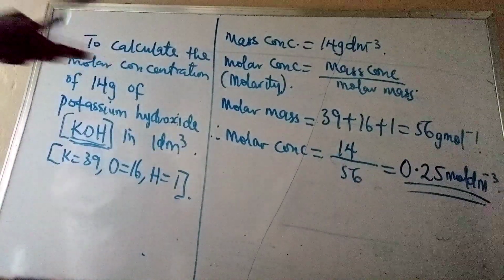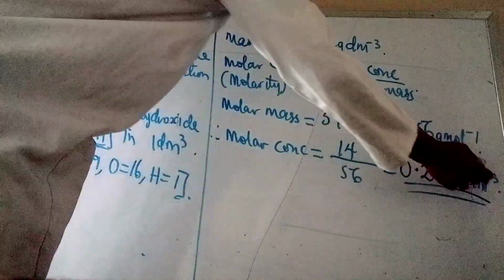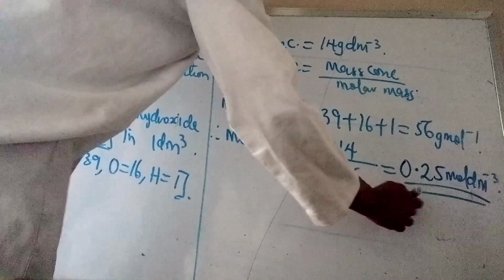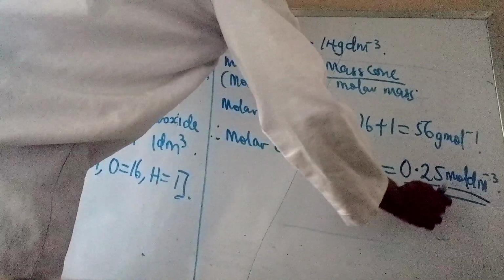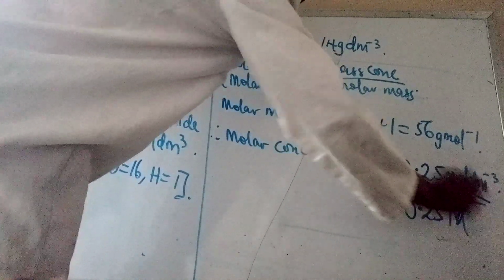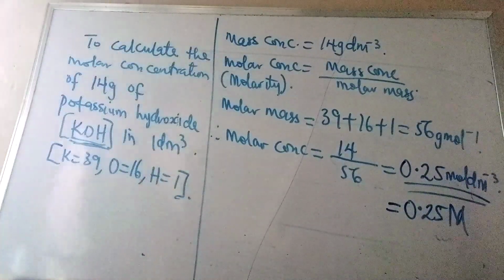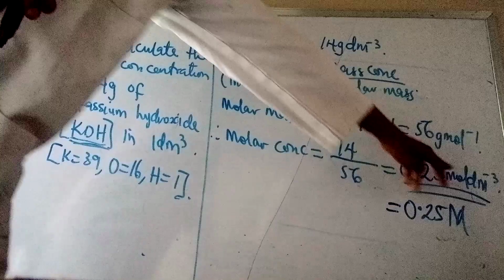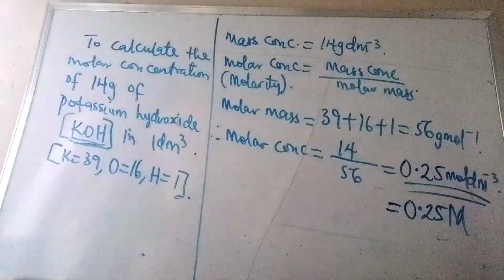And need I tell you again that mole per dm cube can also be expressed in molar. That means in some textbooks you can write this. That capital M means molar, and it means the same thing as mole per dm cube. Take note of that.